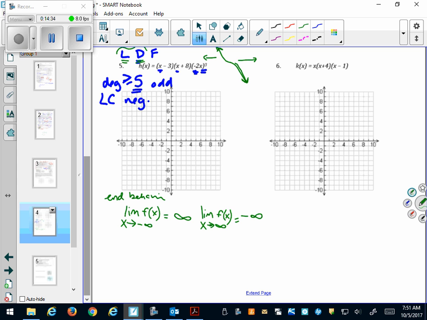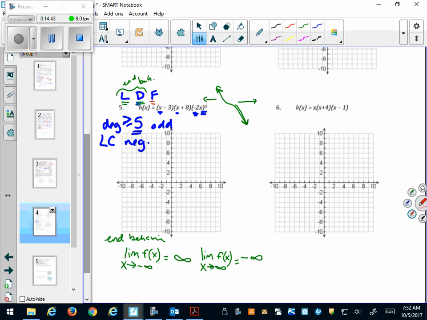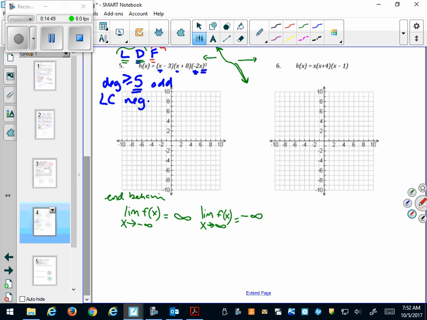Okay, now the zeros, right? Factored form is what we're looking at, and that gives us the zeros. So LD gives us the end behavior, F gives us the zeros. So we're going to have a point at positive 3, at negative 8, and at, what's the zero of that one? 0.